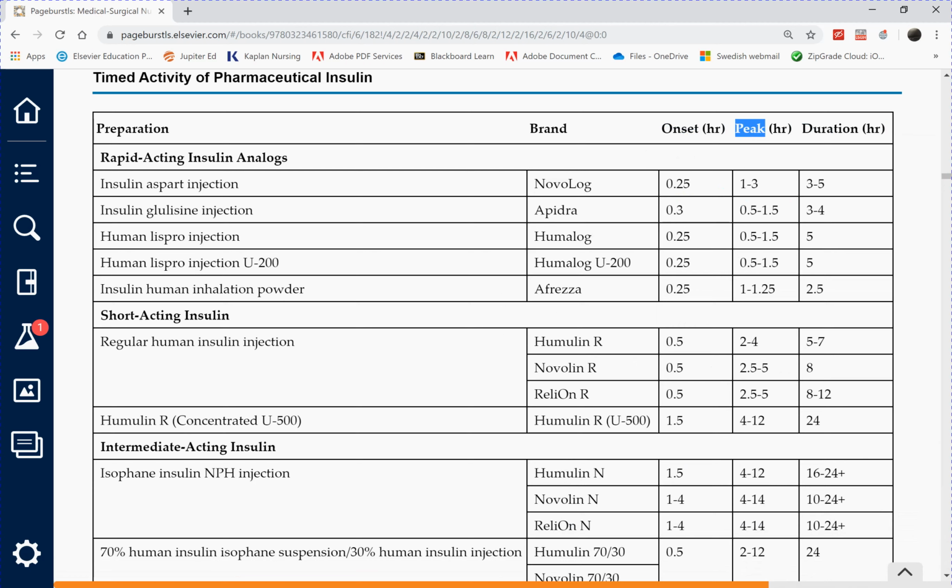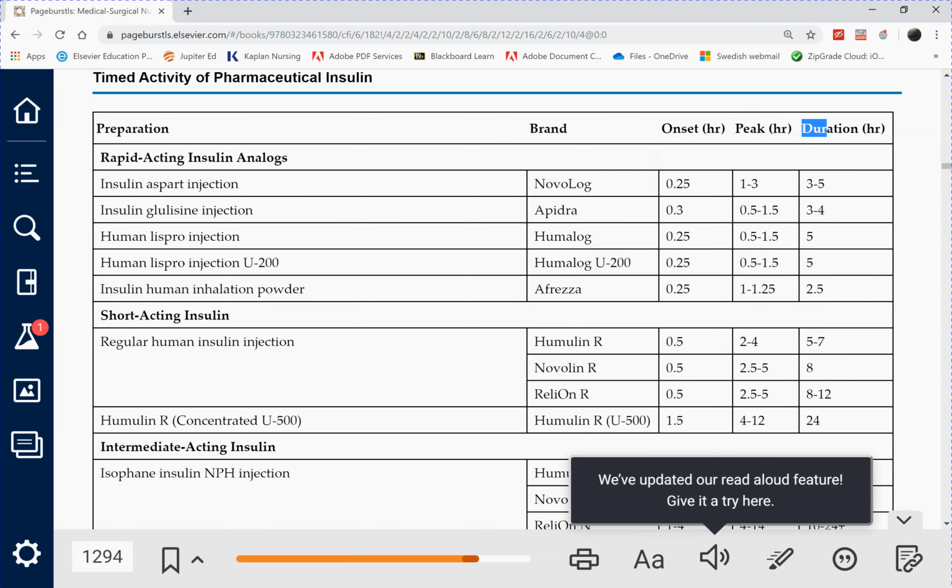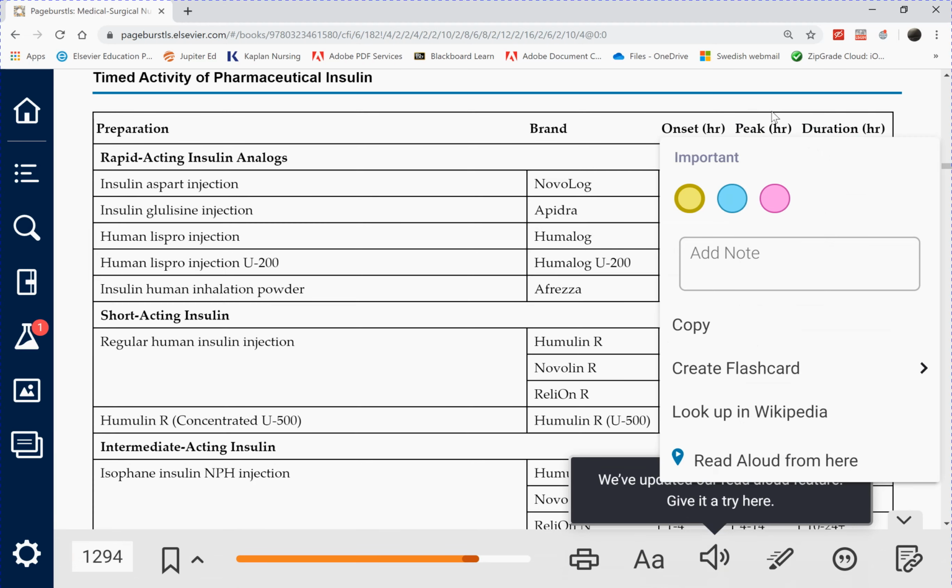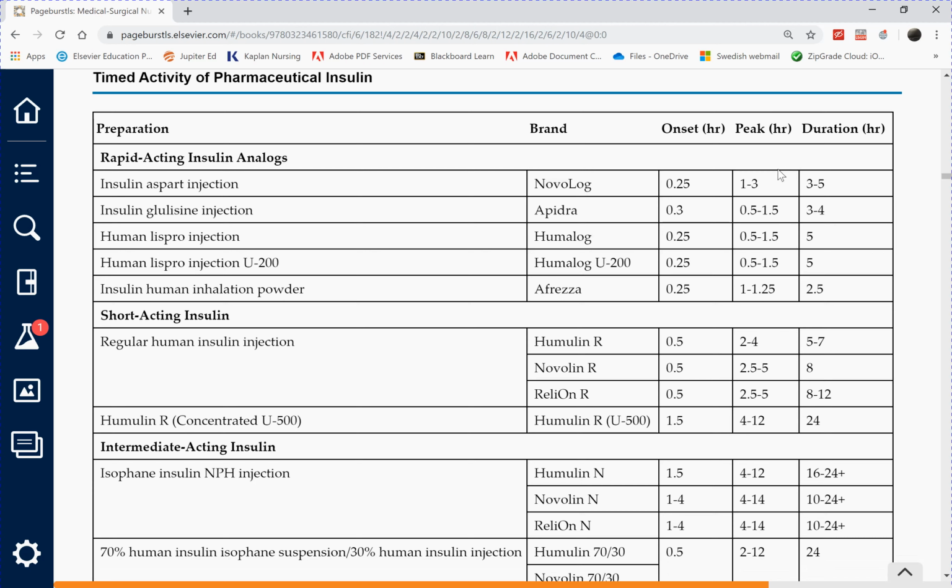Peak is the highest drug action, so it will give you an idea when to check your patient for hypoglycemia, which is the number one side effect of all insulins. And then finally the duration, meaning how long the insulin works, which will determine when you can safely give another dose.